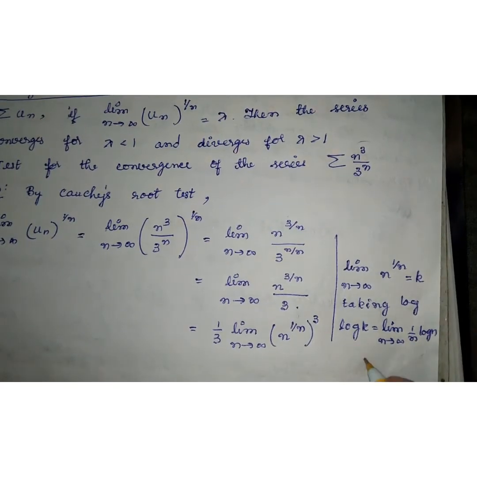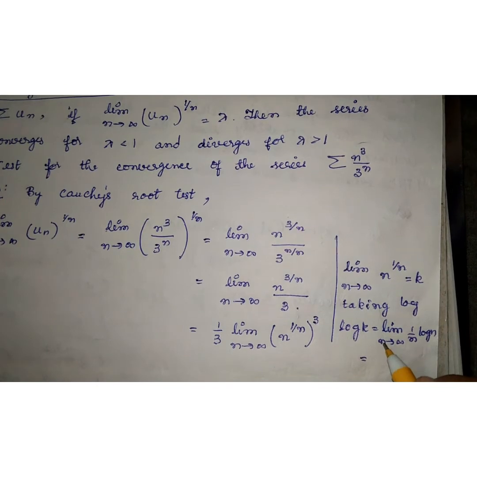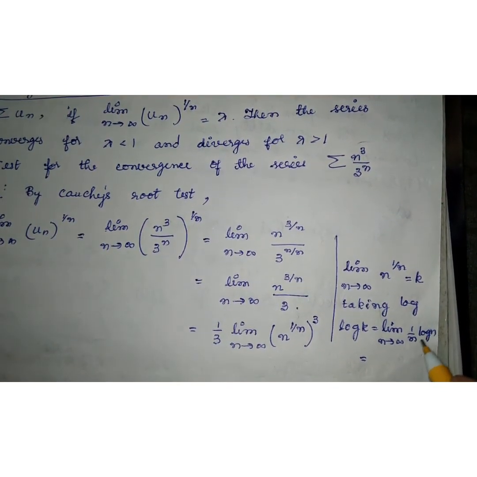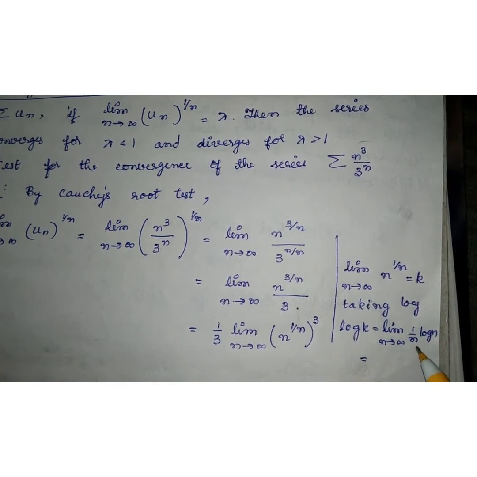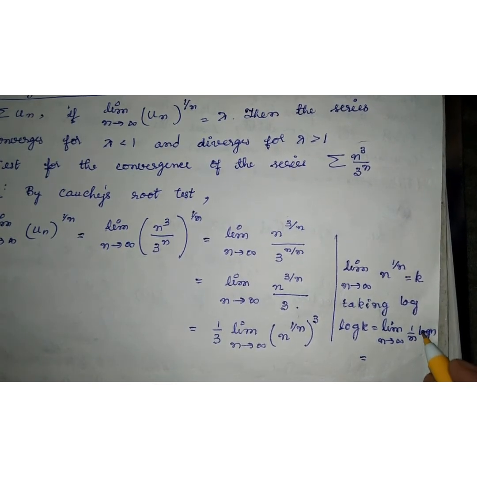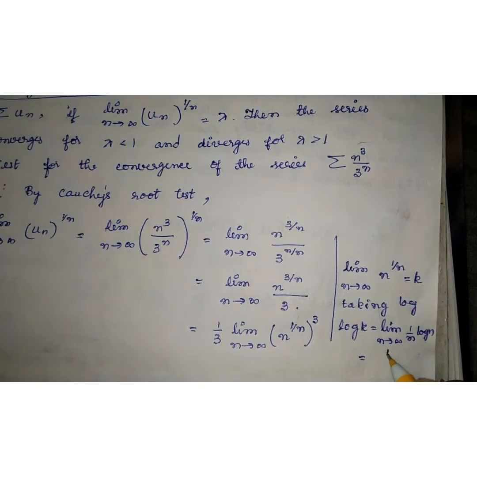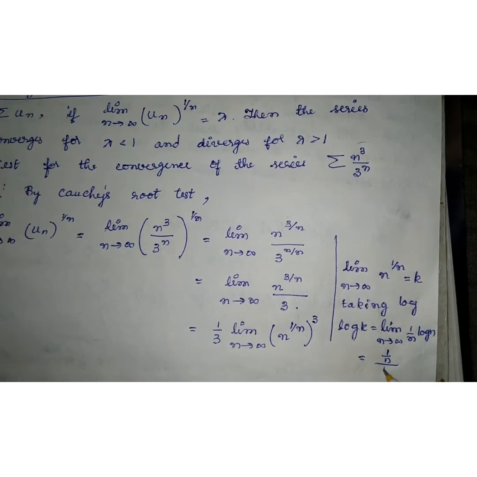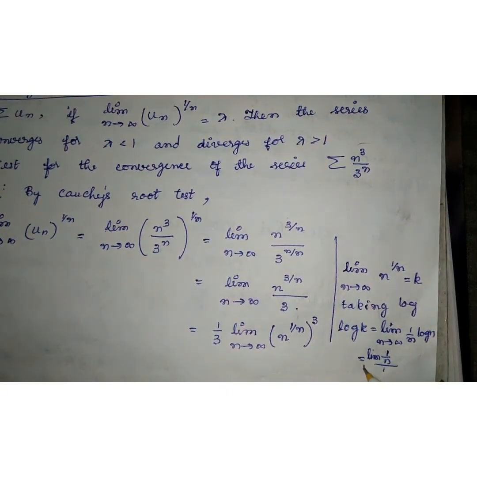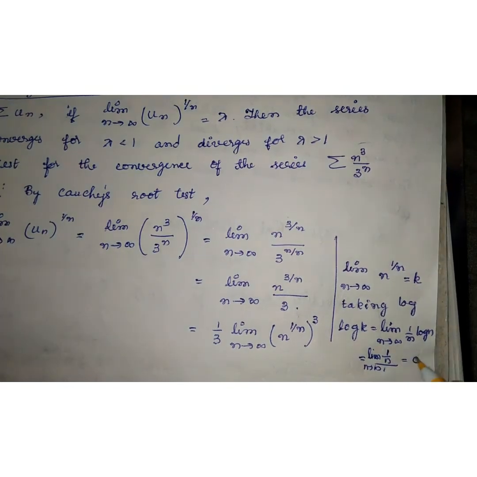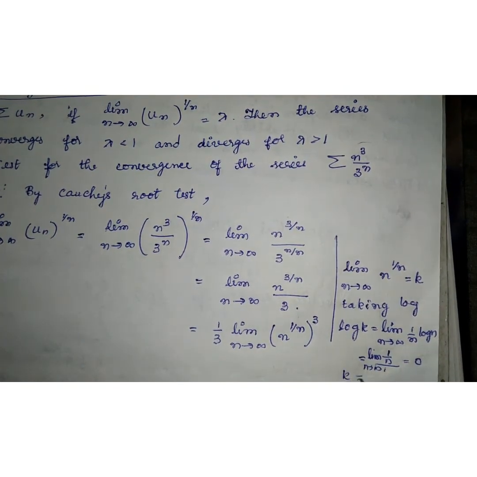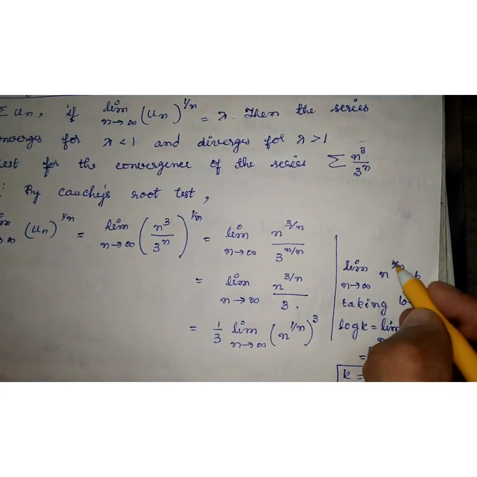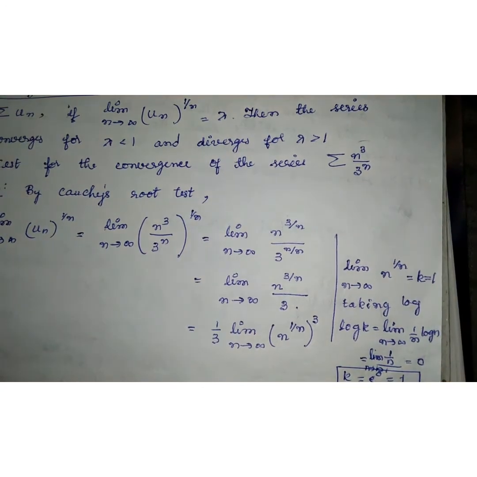Here when you take the limit, log infinity and n is also infinity, you get infinity by infinity form. So taking the help of L'Hospital's rule, the differentiation of log n is 1 by n and of n is 1. So limit n tends to infinity 1 by n is 0. So log k is 0, k equals e power 0, which is 1. So limit n tends to infinity n to the power 1 by n is equal to 1.